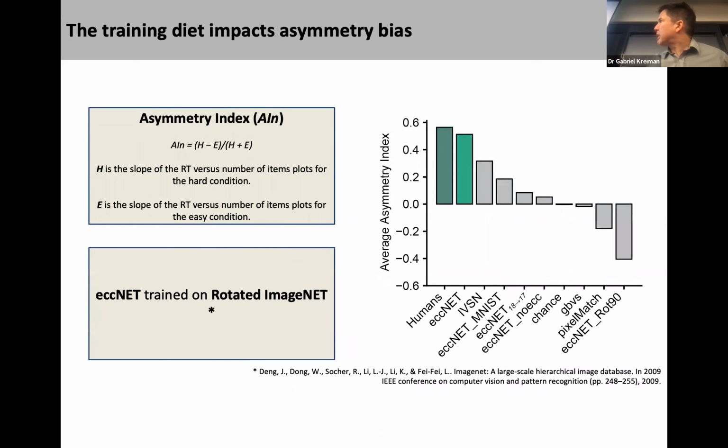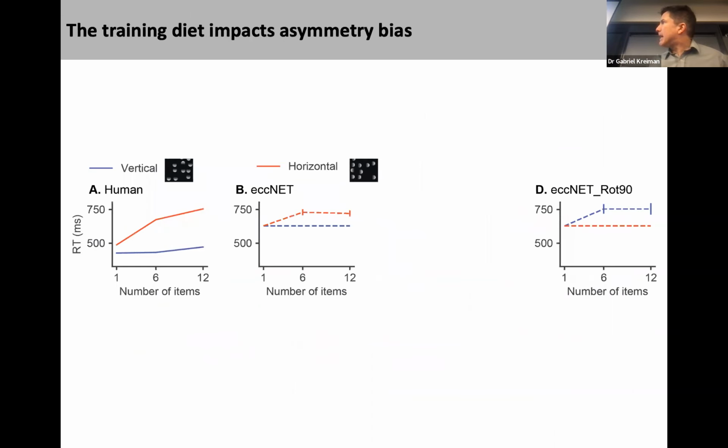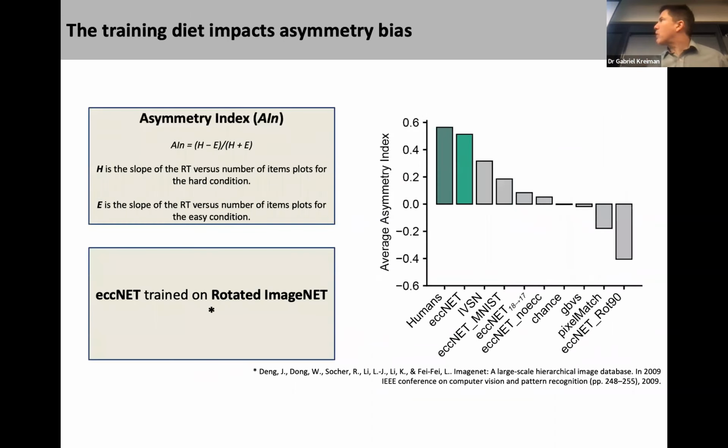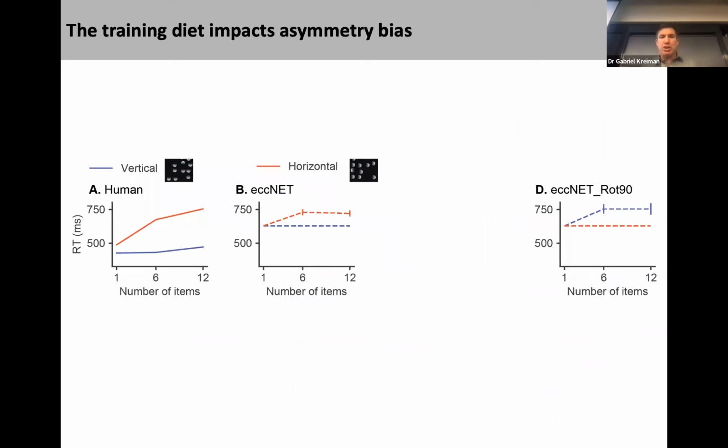Okay, the last point I want to make is what happens when we change the visual diet. Here we conjecture that how we are trained can impact the kind of visual search asymmetries that we experience. We took one hypothesis that has been around for quite some time in the visual search world.